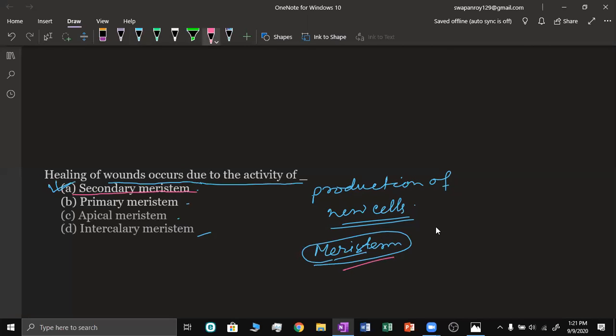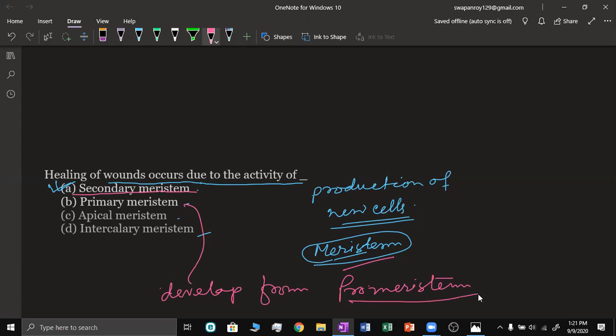Primary meristem is developed from promeristem. Promeristem is the one which is present from the embryo, that is, when the plant organism is in the embryonic stage.